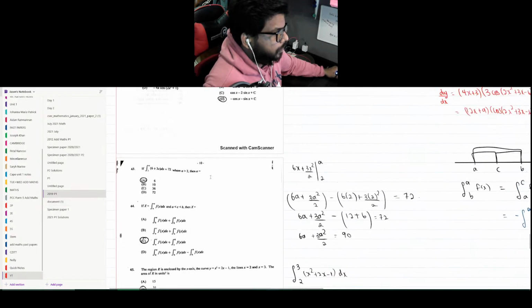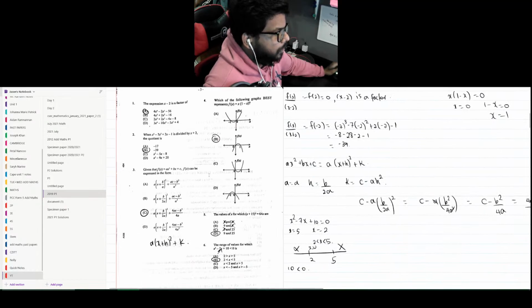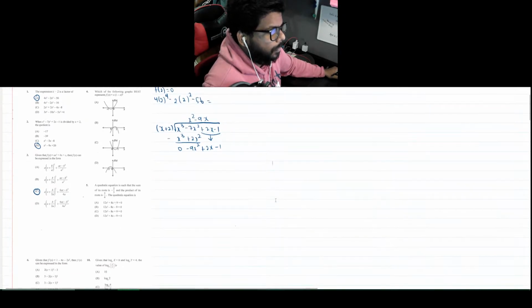It would have been in 2019. Yeah, 2019. It would have been plus 4ac minus b squared over 4a. So it's the exact same format of the question that came here.